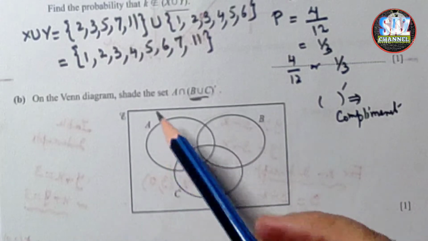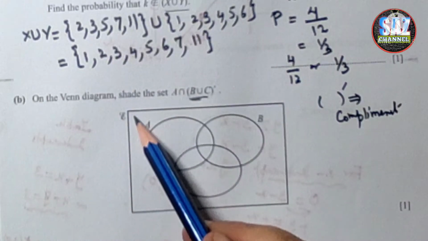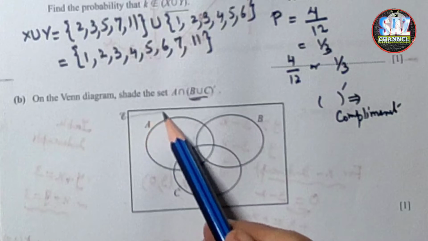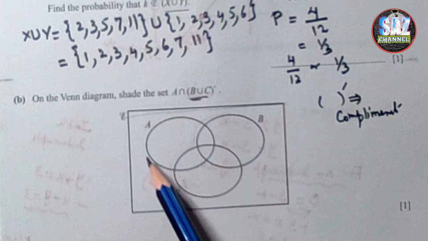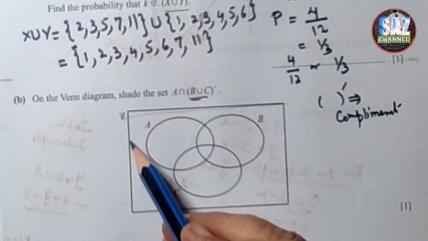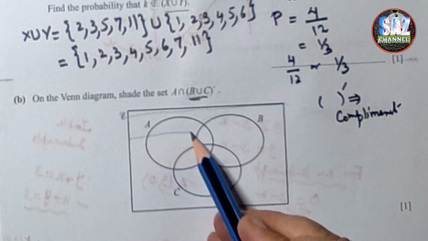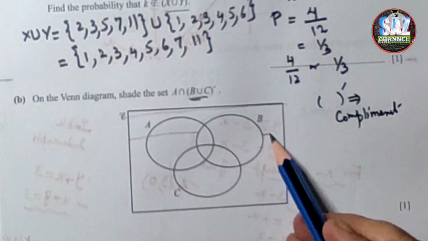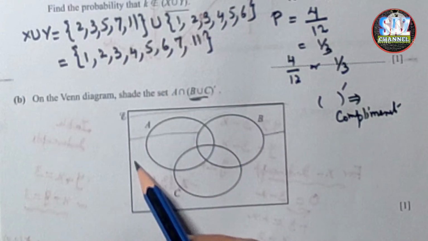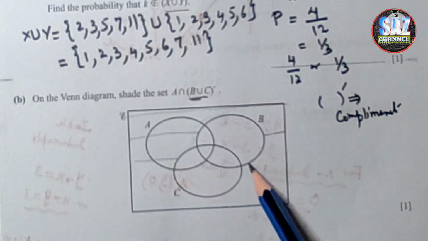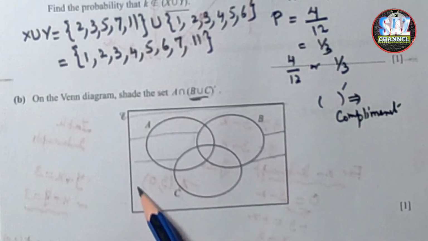Let me go for the shading. When I'm marking B union C whole complement, it means that some portion of universal and some portion of set A is coming in the answer.